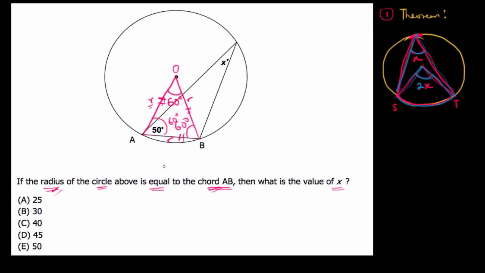Now I'm going to project this line up to this part here. Based on what we learned, looking at this whole place, you'd observe that arc AB subtends two angles.